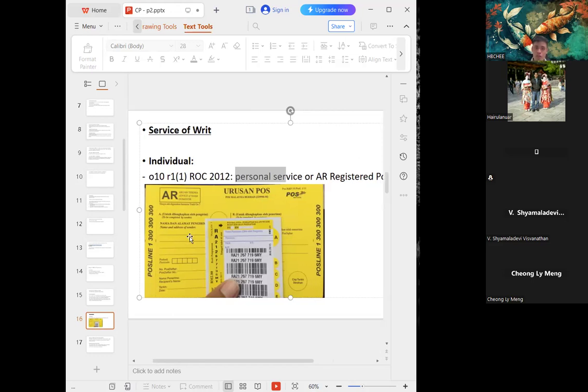This is the acknowledgement card, and this is the tracking sticker, which you must put on the envelope. Then you can use this number on the Post Malaysia website to track the status of the delivery.